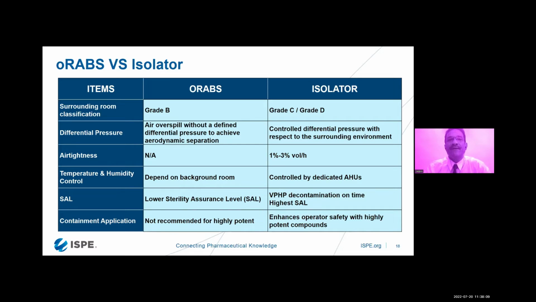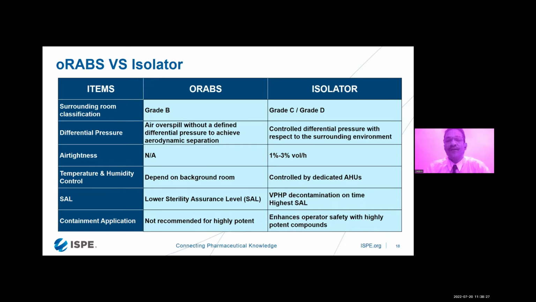What will happen is because of this temperature difference, there will be a lot of sweating on your vessels. There will be a lot of sweating on your pipes, because you will never be able to control the temperature and the humidity inside the ORAPs area.